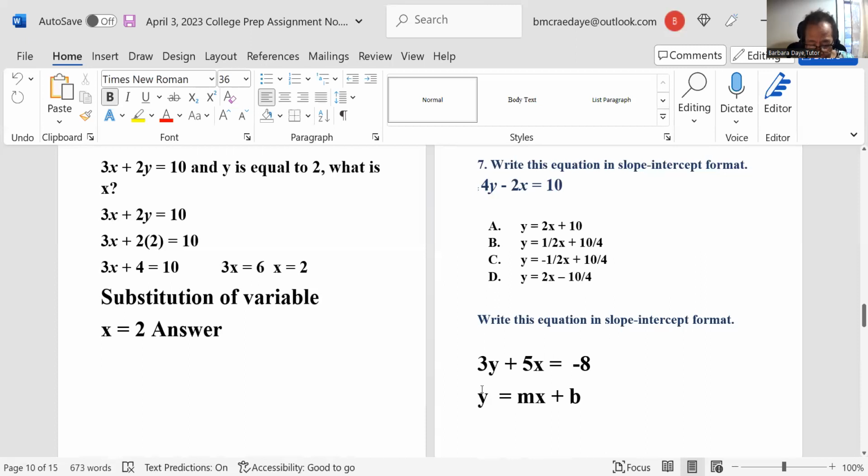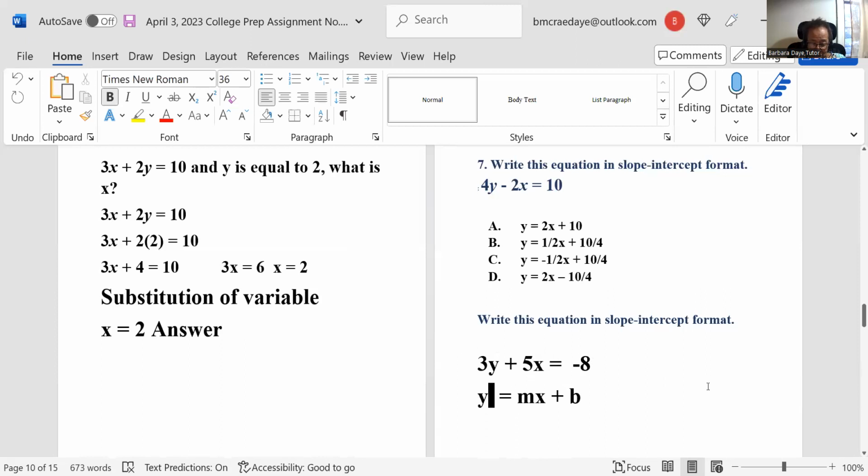I'll give you a couple of minutes to work on that one. I want you to write that in the slope intercept format. So you want to take this equation 3y plus 5x equal minus 8 and get it in the format y equal mx plus b.